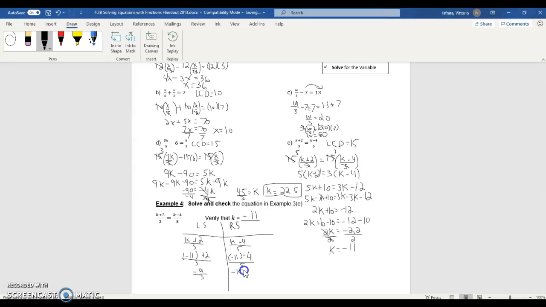And don't forget to put that 5 back there. And minus 9 over 3 is negative 3. Minus 15 over 5 is negative 3. So what we found is that the left side is equal to the right side. Therefore, k is equal to negative 11 is the correct solution.